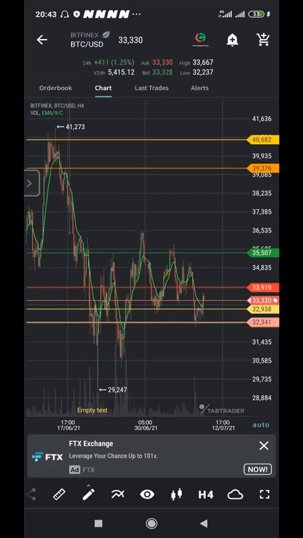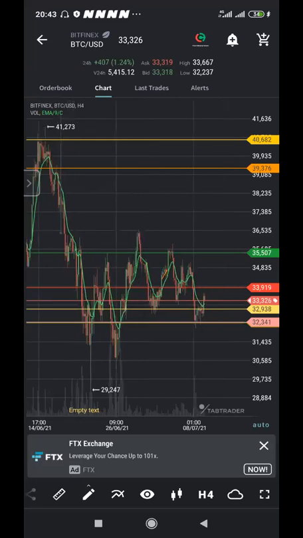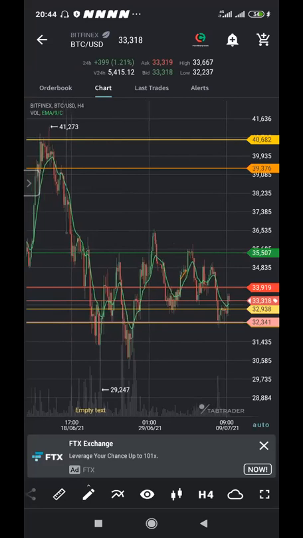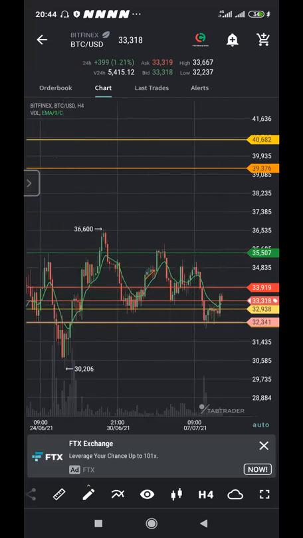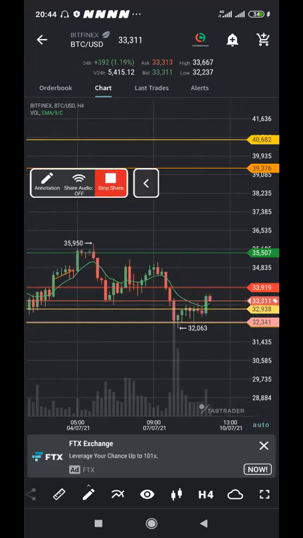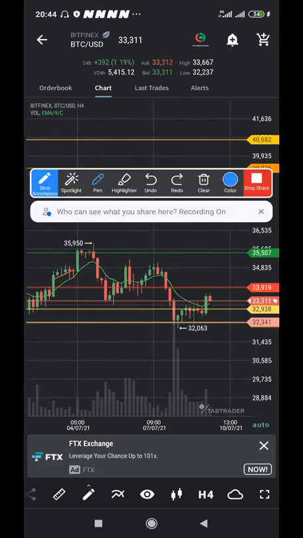Valid tops and valid bottoms, most of the time they are made up of 3 or 2 healthy candles forming. Look at what happens here. You see these 3 candles that moved here.